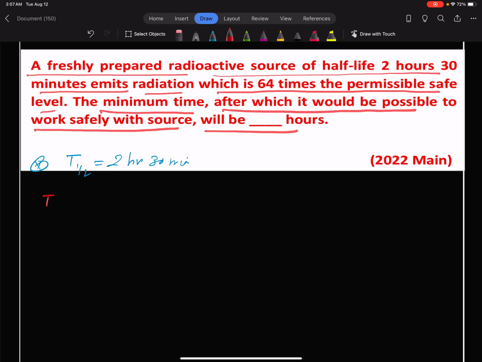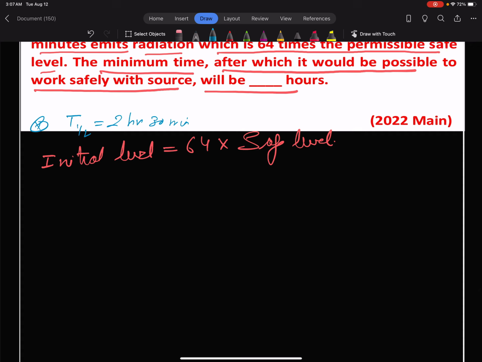So the initial level is 64 times the safe level, and we have to find out time T. We want to find T under the condition that the radiation level is less than or equal to the safe level.